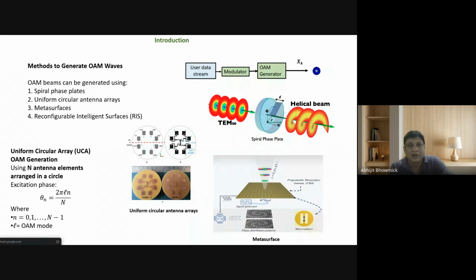Now, how can we generate this OAM wave? There are several techniques. The first is the basic block diagram. Normally, in reality, the signal available is analog in nature, so you have to digitize the data first. The digitization steps are: sample the data, quantize, then encode. Once you encode the data, it becomes a data stream, 1001.